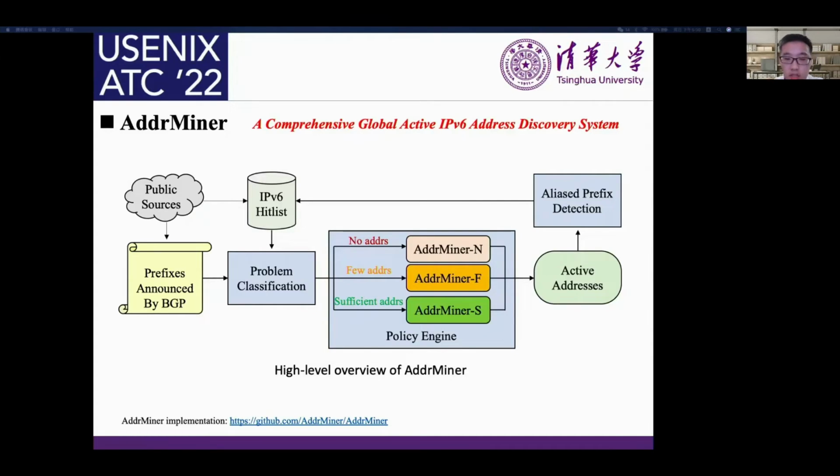The policy agent uses different policies for active address probing according to different scenarios. After eliminating the alias prefixes, the remaining active addresses are the global active IPv6 addresses and are added to the IPv6 hitlist.